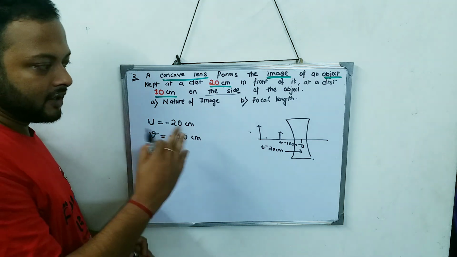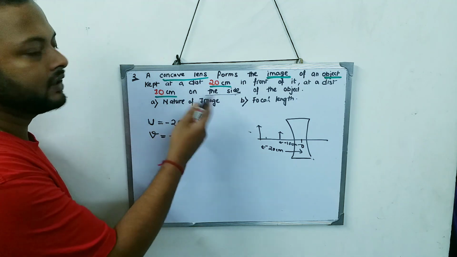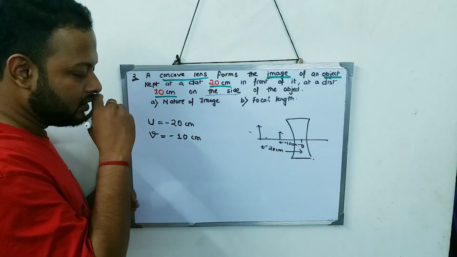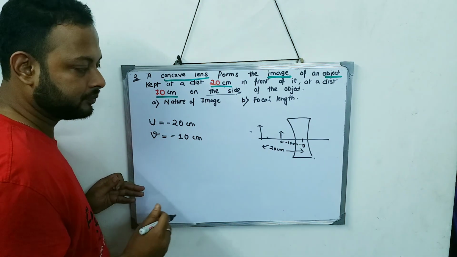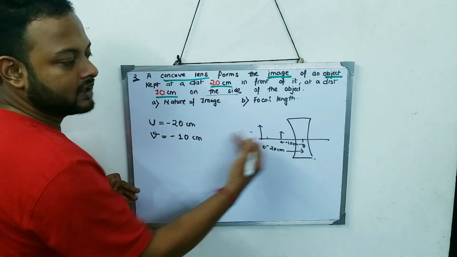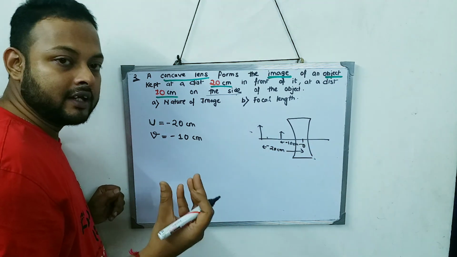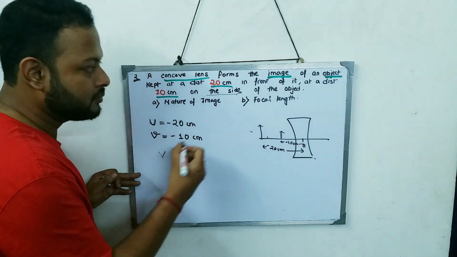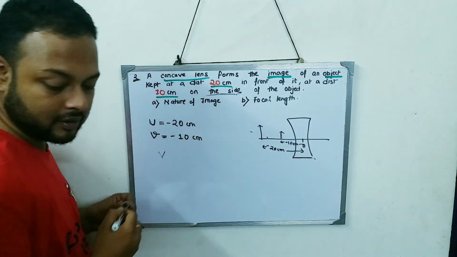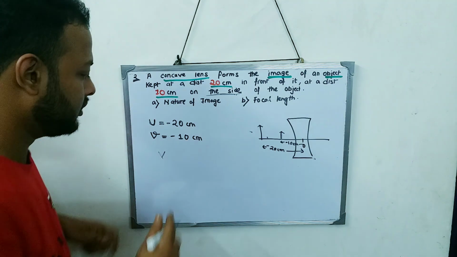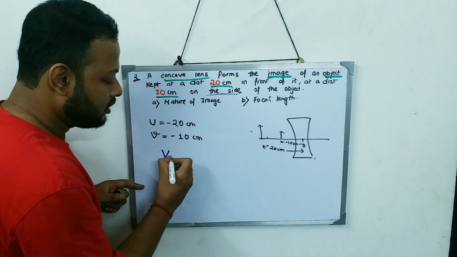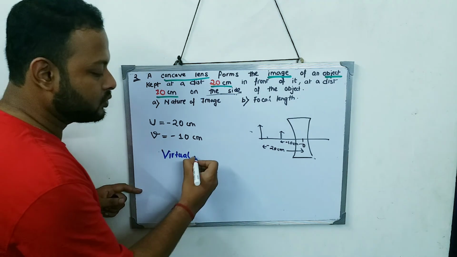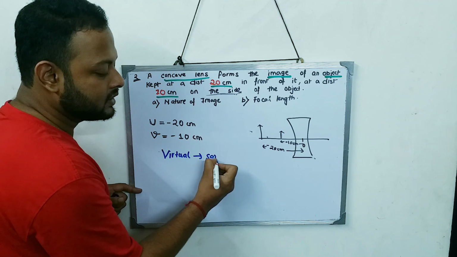Now after this I have to find the nature of the image. See how to approach. Since it is on the same side, that will be a virtual image. It is virtual because it is on the same side.